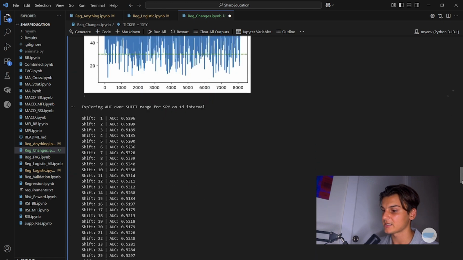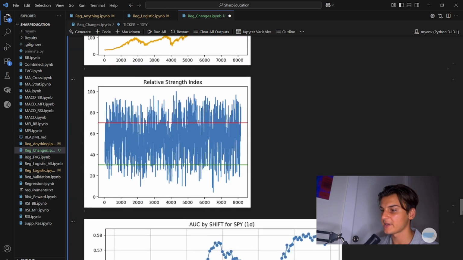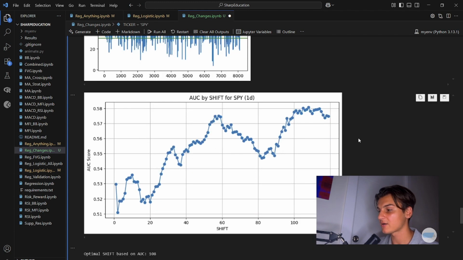The money flow index, Bollinger Bands, relative strength index. Our optimal look-ahead window for the S&P 500 daily trades is 108 days. So if you're trading on a daily time frame with only these technical indicators, you are best off making an assessment 108 days in the future.